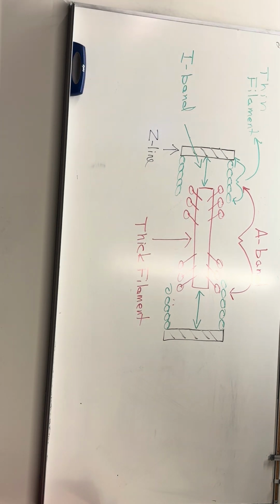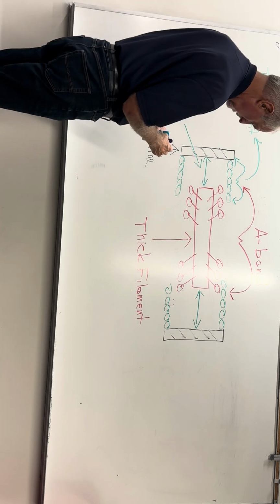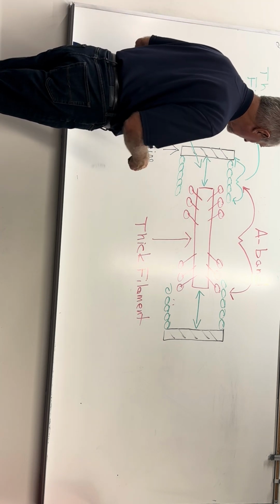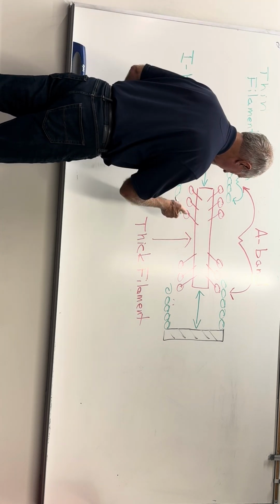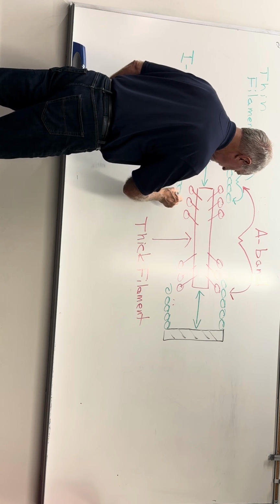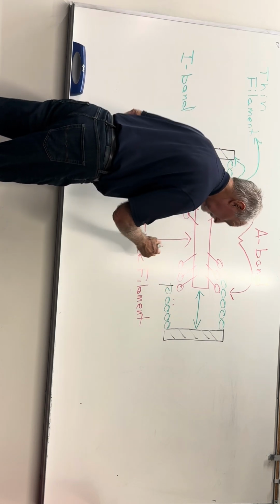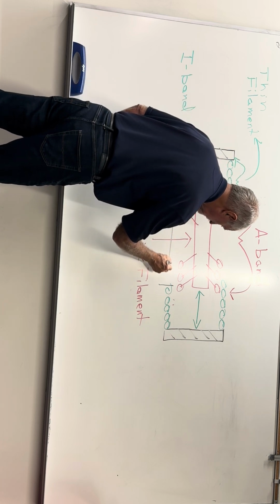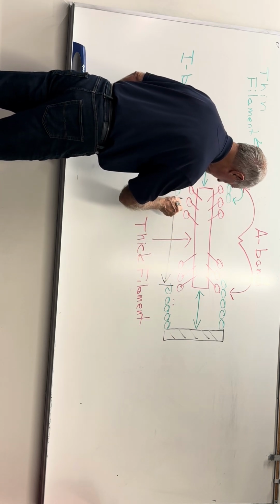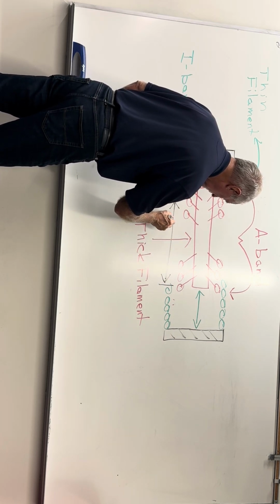And then we've got this gap between the two opposing thin filaments. And that's this distance here. This is our so-called H zone.